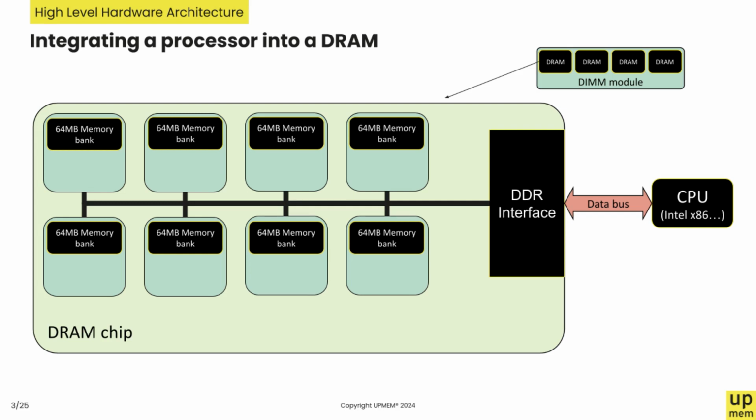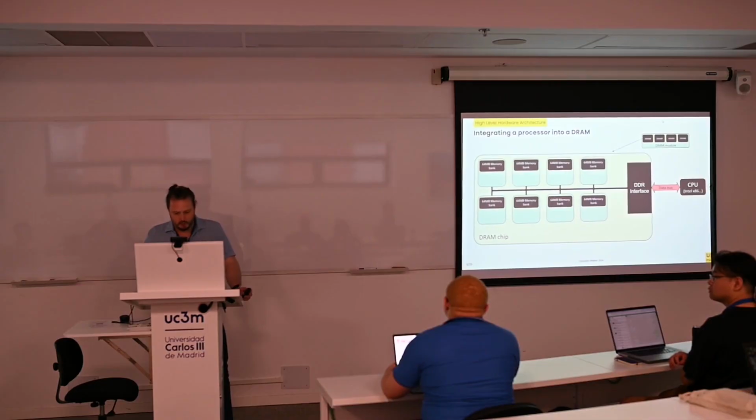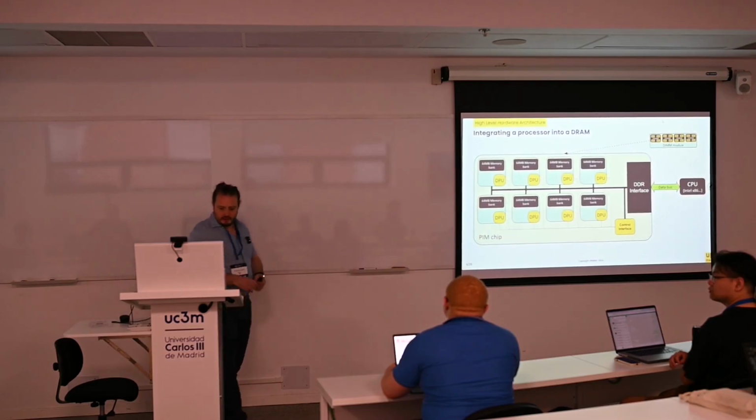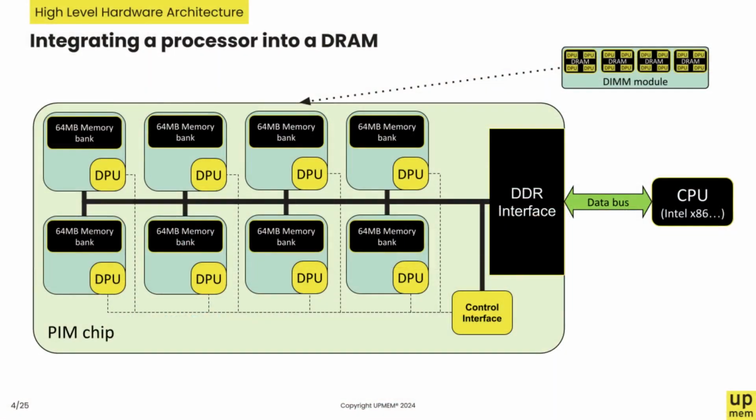Those banks are accessed directly by the host CPU, as a regular memory. And then attached to each memory bank, there is a DPU, which is an embedded processor that can access this memory bank very fast and very efficiently. And there is also a control interface that lets you control the DPUs.